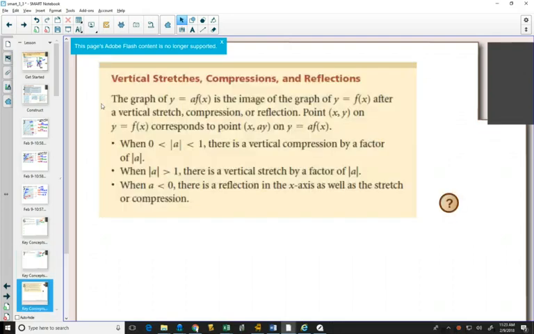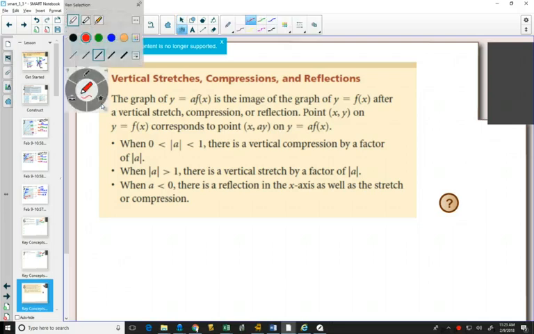Okay, so they have the official explanation of this here. What you can pull out of this is just that when you have a value out in front, your y coordinate gets multiplied by that value.